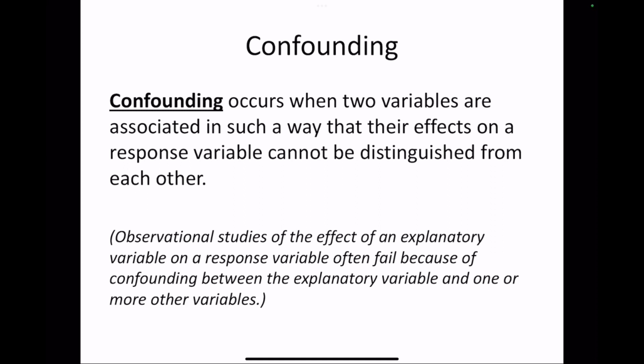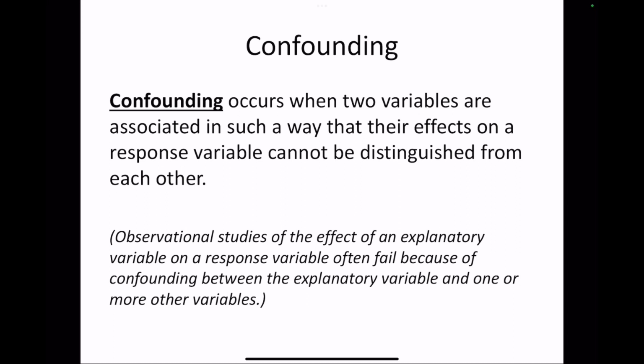This idea of confounding is when you do an experiment, you get a lot of background noise. You get other variables sometimes in there with the variable you're trying to study. And so what we want to do is make sure that we're not confusing one variable's effect for another.